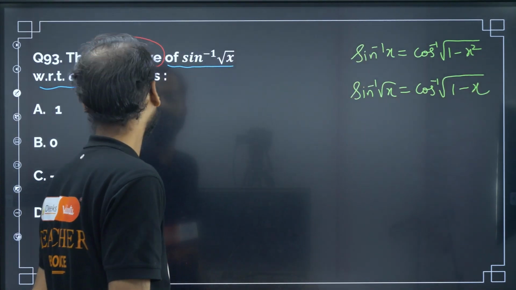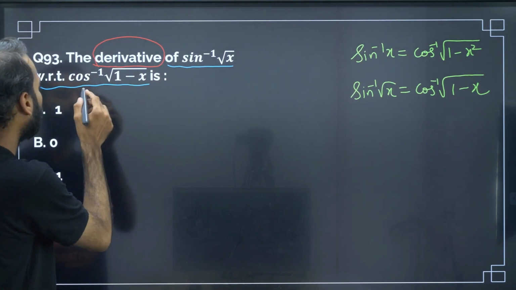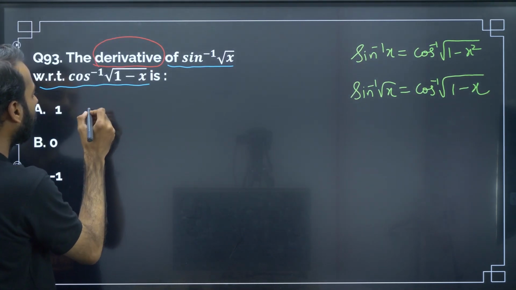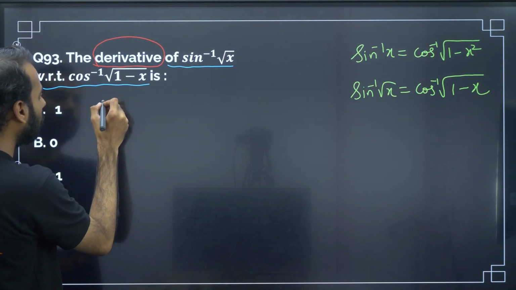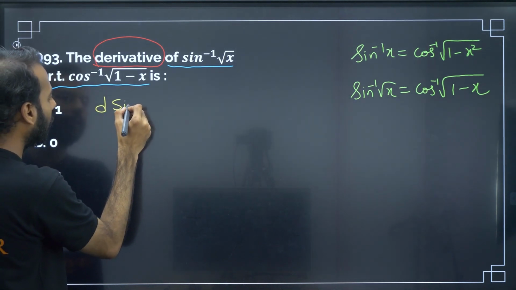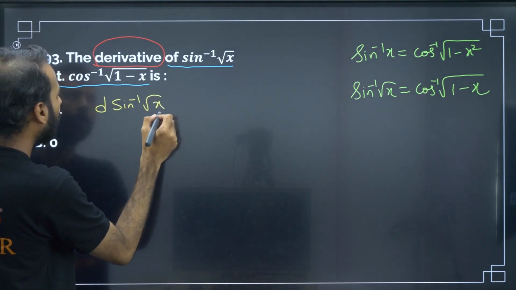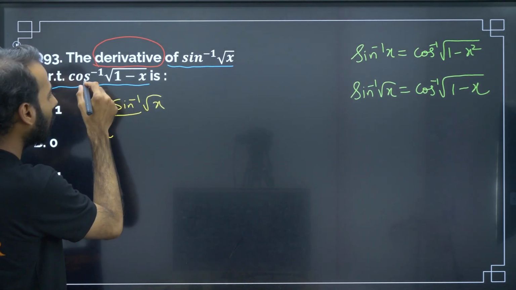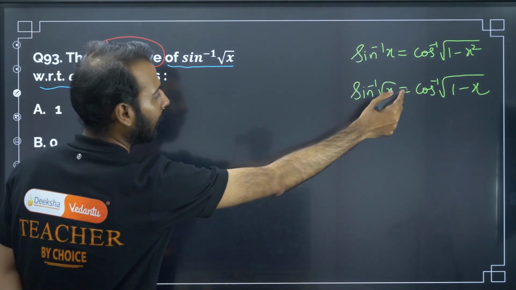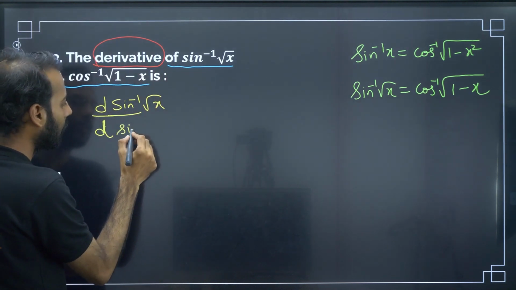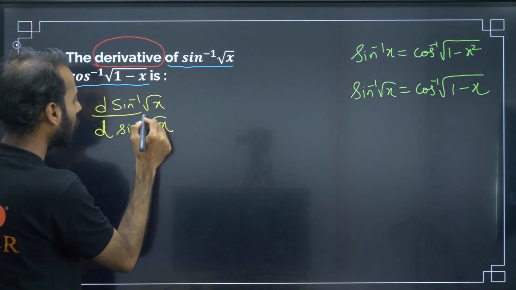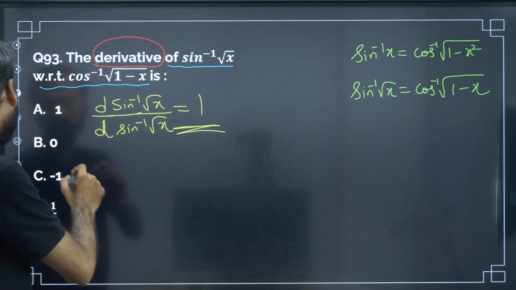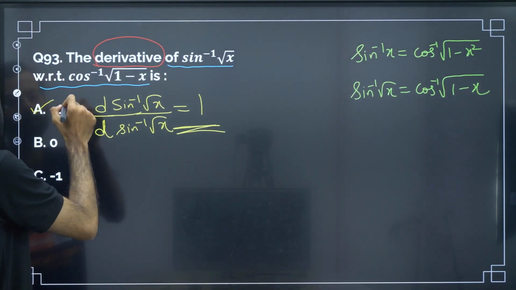So the derivative of sine inverse root x with respect to cos inverse root of 1 minus x is 1, since that is equal to sine inverse root x. So this you already know its value is 1. So the answer is A. 1 is the answer.